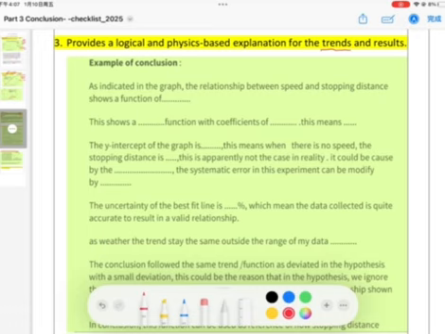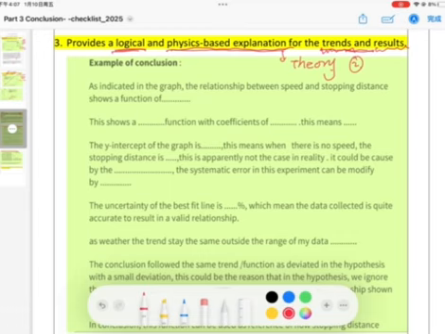So we use our data, and we have the trend, we have the result. Now we need to provide some logical and physics-based explanation. What is this physics-based explanation? It is the theory, which is the second aspect we talk about. In the first aspect, we talk about using data.